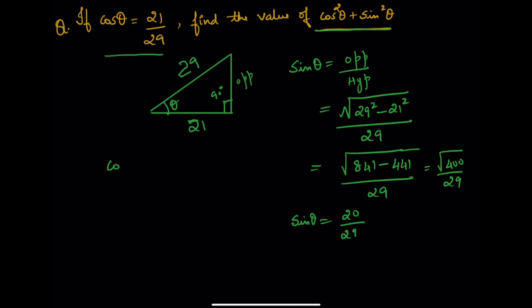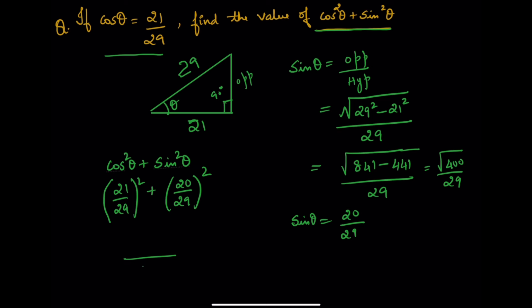So now we know the value of sin theta, and cos theta is already given in the question. Now we have to find cos square theta plus sin square theta. So what would this be? 21 by 29 the whole square plus 20 by 29 the whole square. So the denominator would be 841, numerator would be 441 plus 400, which is 841, divided by 841, which is equal to 1.